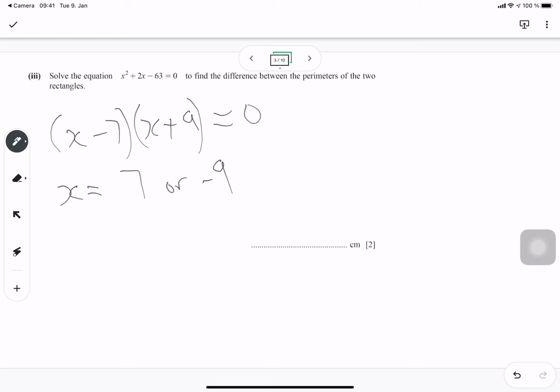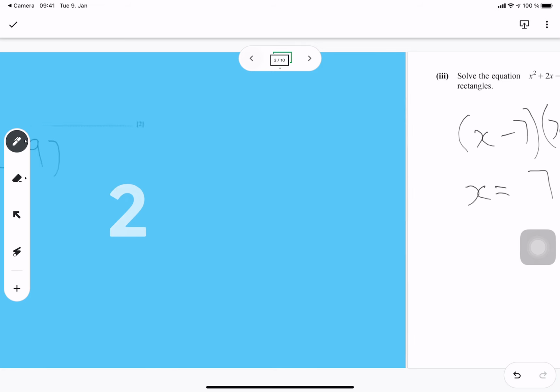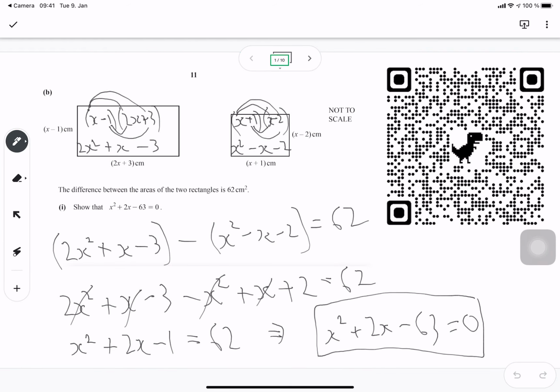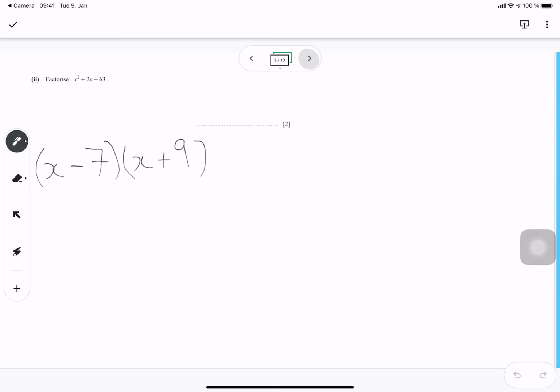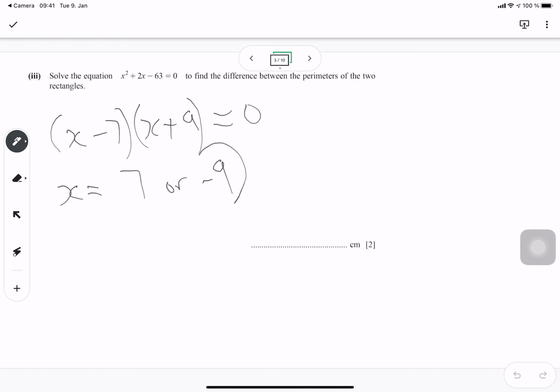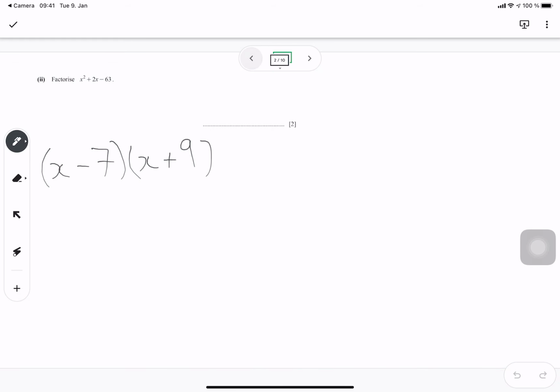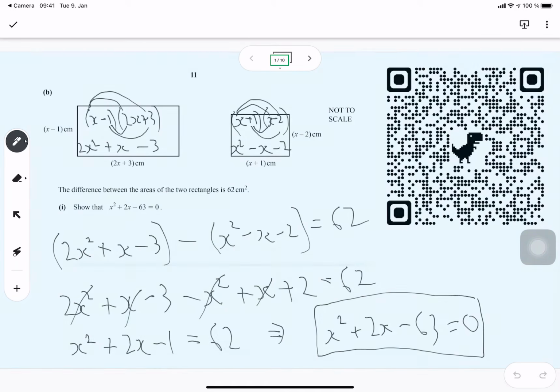Now, if I substitute minus 9 into one of those, I'm going to get a value of a length which is negative, so I can't have that as a solution. So the solution is x equals 7, but I still don't have the difference between the perimeters. To do that, I'm just going to substitute 7 into these. But remember, we're finding the perimeter here, not the area.